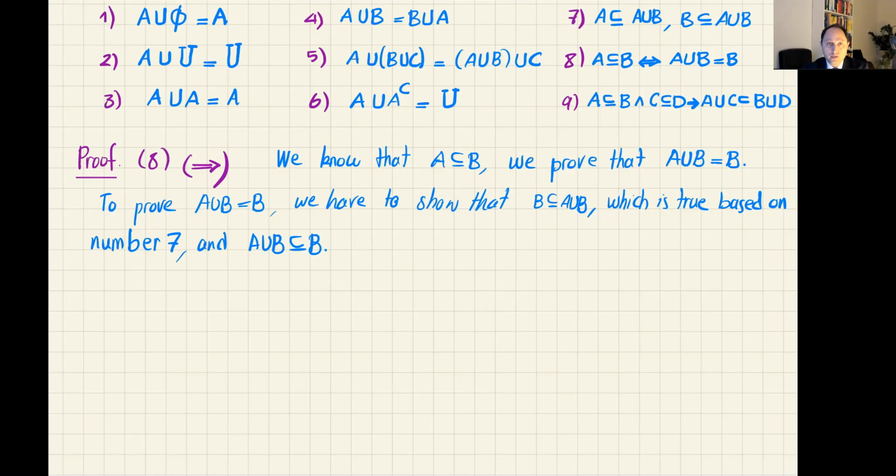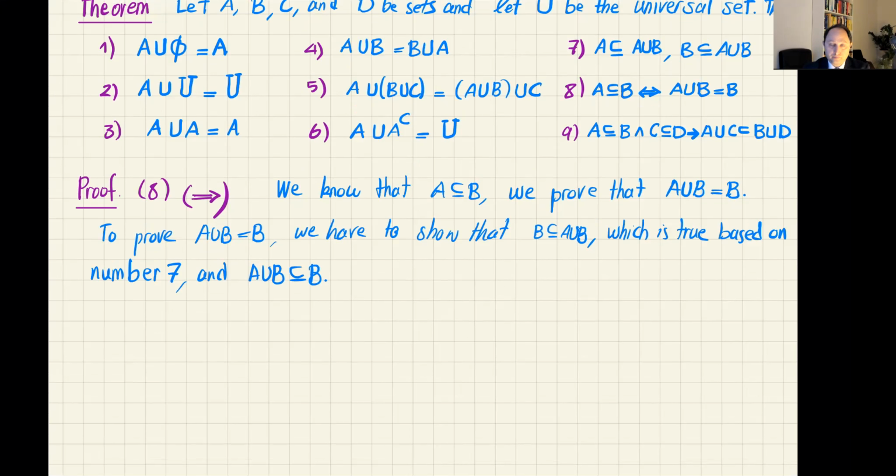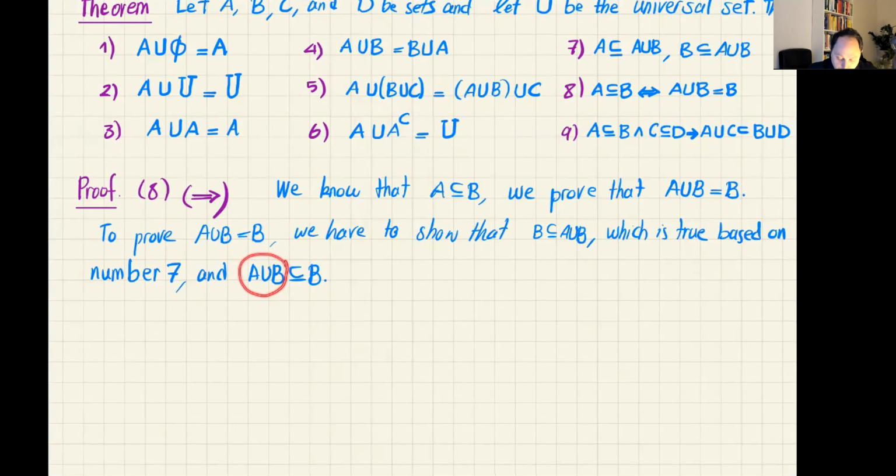Any questions so far? Is that clear what we are doing? Okay, so now tell me, if I want to show that this one is a subset of B, what should I do? I should show that any element in the left-hand side is also in the right-hand side. Okay, so I'm explaining everything.